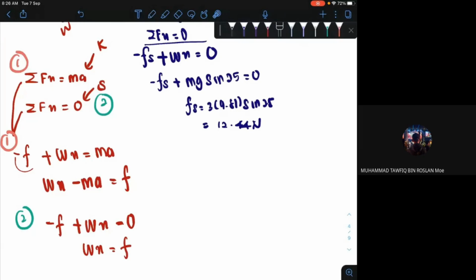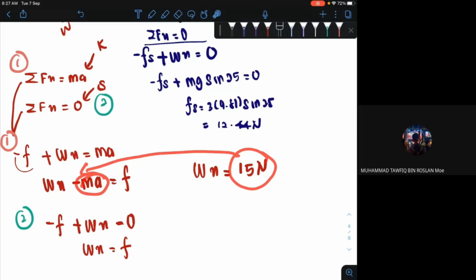So as you can see, yang kes pertama ni, wx kena tolak dengan ma dapat nilai friction. Okay, kalaulah kita bagi satu nilai, contoh wx sama dengan 15 Newton. Okay, so 15 Newton ni untuk kes pertama, awak kena tolak dengan mass darab acceleration. Baru dapat friction.